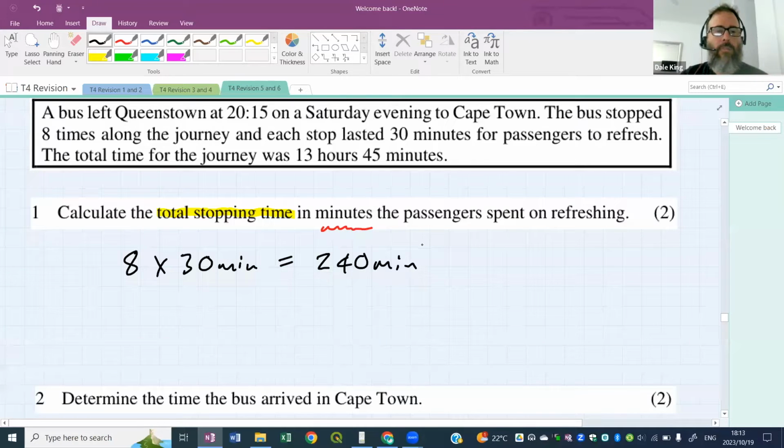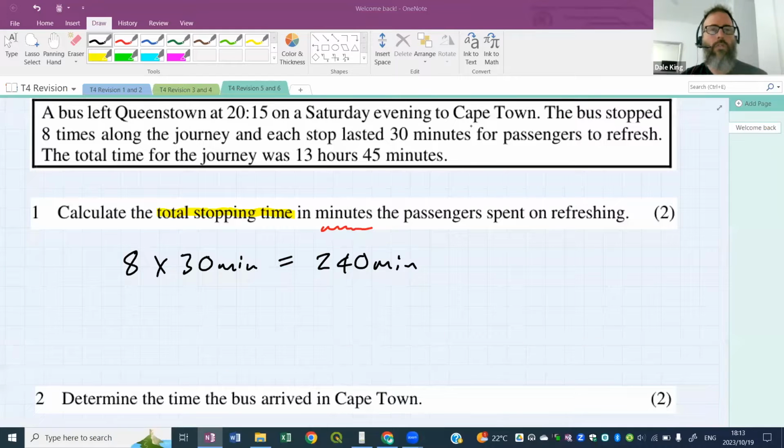Determine the time the bus arrived in Cape Town. Just put a thumbs up or put the answer in chat once you're done, and then we'll check it. Some answers are coming through. Don't check the answers. You do your work, and we compare at the end, hey? Don't look at what everyone else is doing.